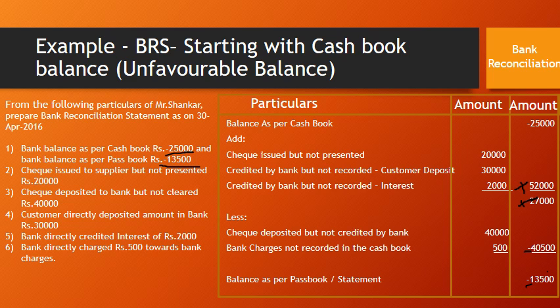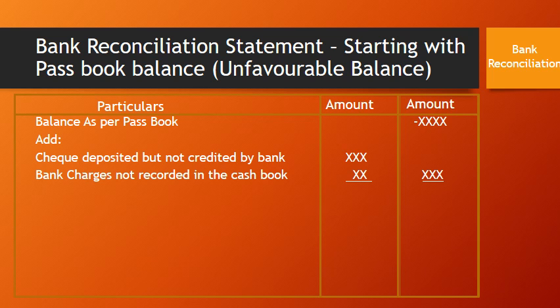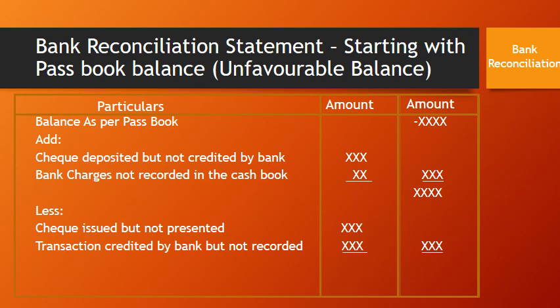Be careful about this negative or positive sign and do arithmetic exercises for the same. The rest of the template will remain the same. Unfavorable balance, again as I said, it remains the same template of passbook, starting with the passbook, but the only thing is we should be careful about this sign.